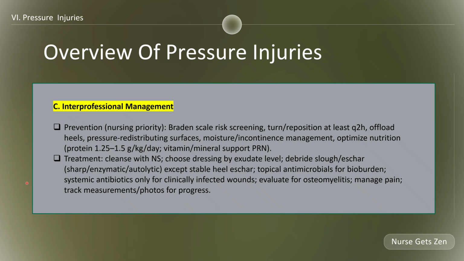Pain: always make sure there is no pain. Pressure injuries may cause pain because of edema and pressure in the area, as well as the exposure of nerve endings in large wounds.